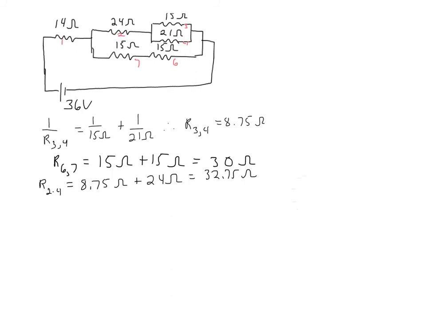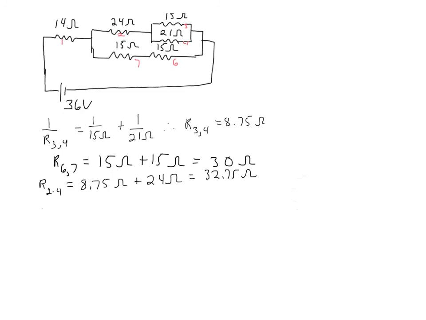So now we have to combine the top part of that branch with the bottom part. So 2 through 4 is going to be combined with 6 and 7. So we'll call that R2 through 7. And there's no 5 on here for some reason. And those are going to be in parallel.